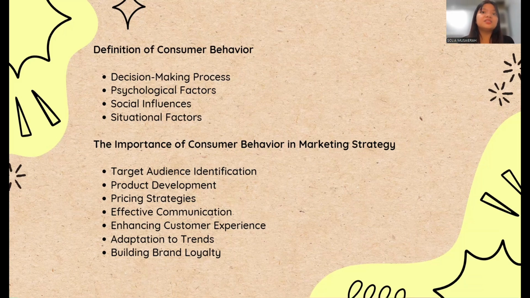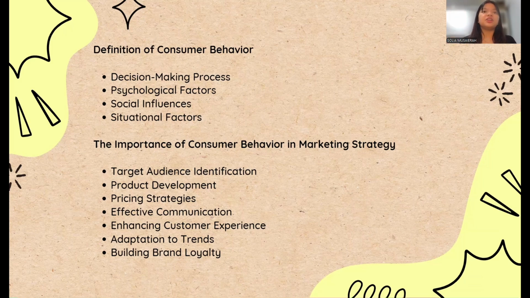Next is the pricing strategy. Pricing is another area where consumer behavior plays a vital role. Understanding how consumers perceive value allows businesses to set prices strategically. For instance, if a company knows their audience is highly sensitive to price changes, they can use discount strategies or bundle products to create a perceived value.